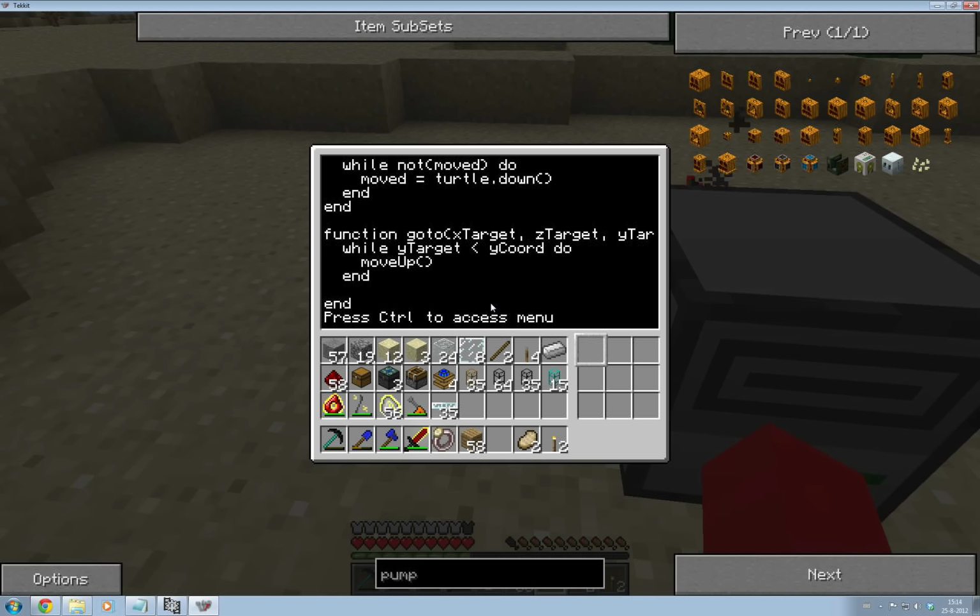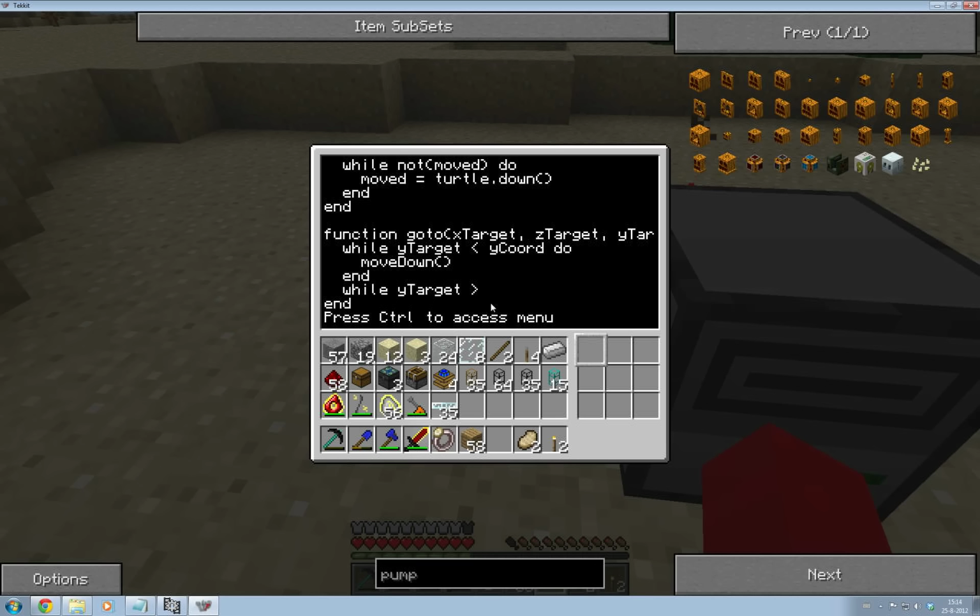Right. Perfect. Now we need to do the same for if you are above your target. I think I might have made a mistake here. So if y target is lower than the y coordinate you're at, oh here we go, yeah, this is supposed to be down. My bad.